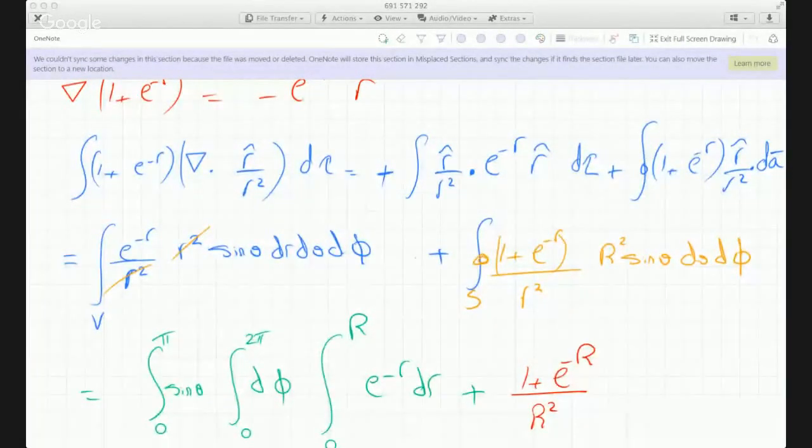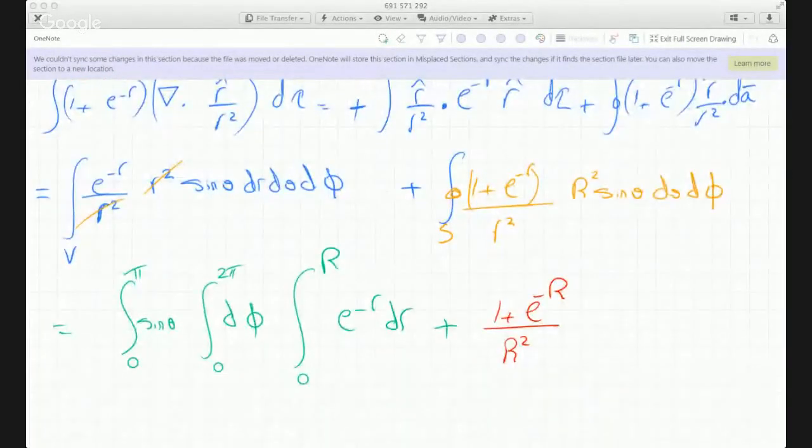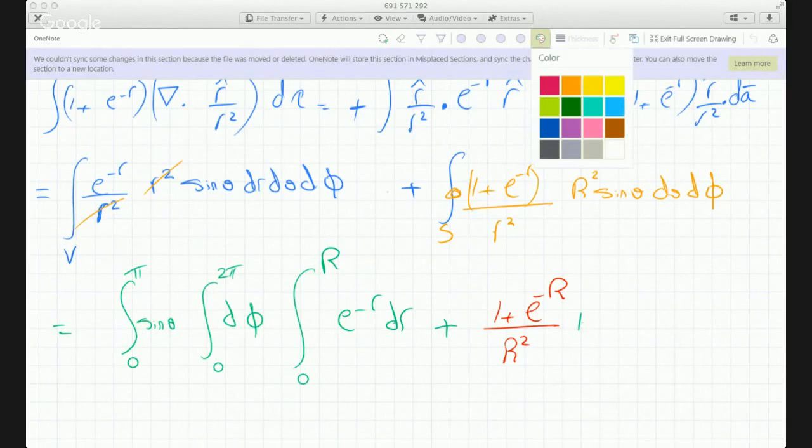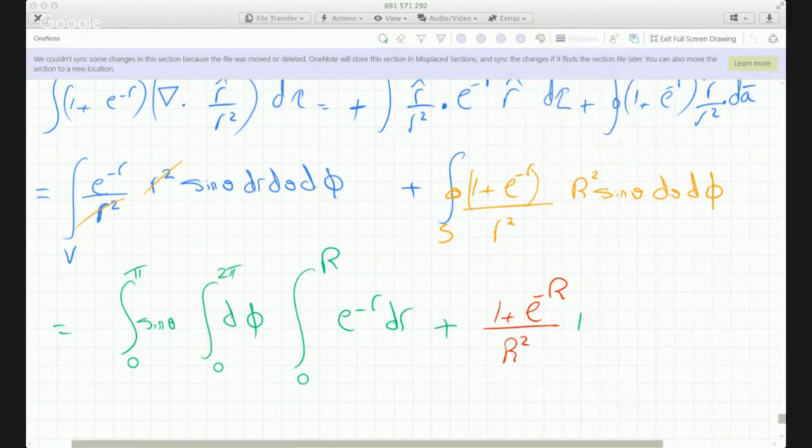So at the surface of the sphere, small r equals r, and here I have r squared. Shoot, come on. Oh, this is so annoying. It's taking my colors away and not letting me erase. Stupid.